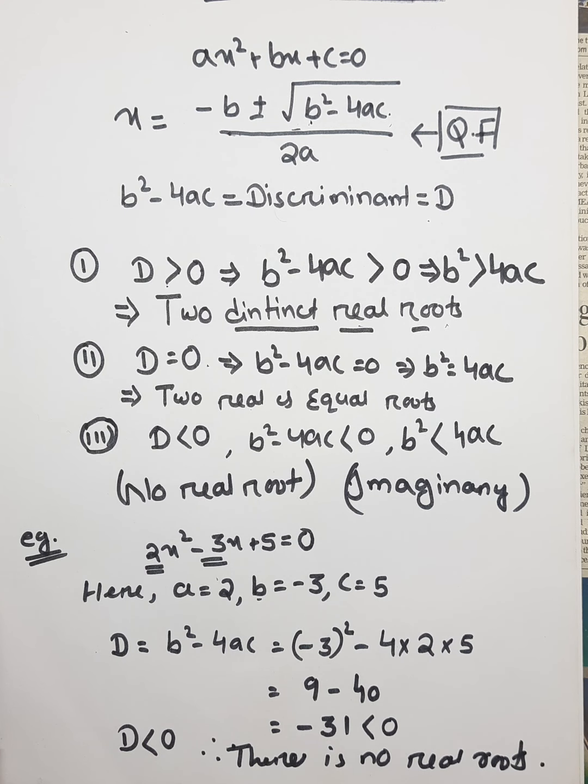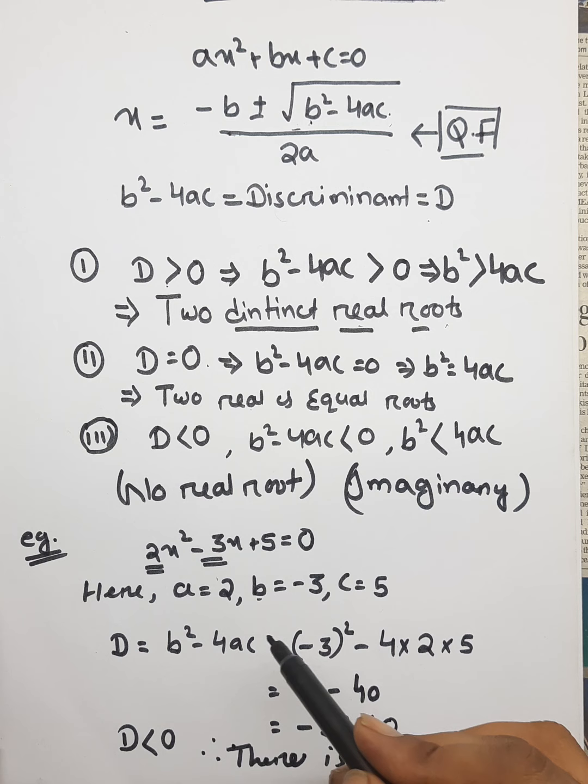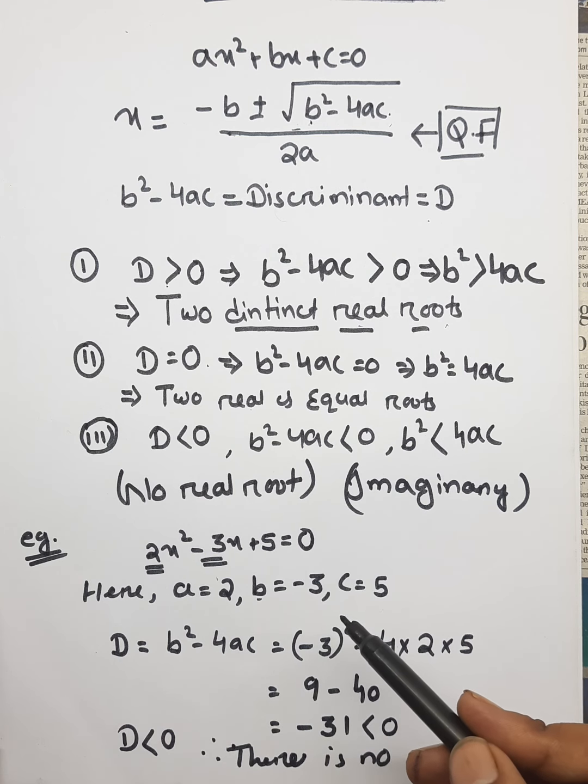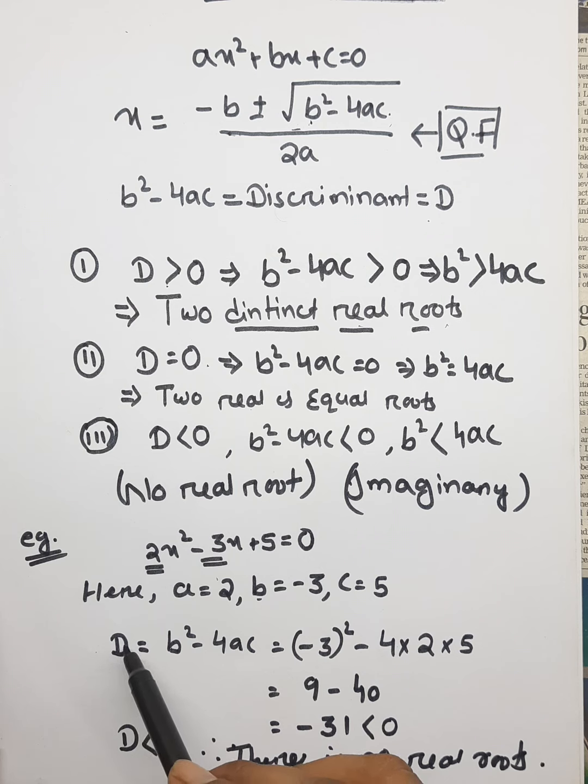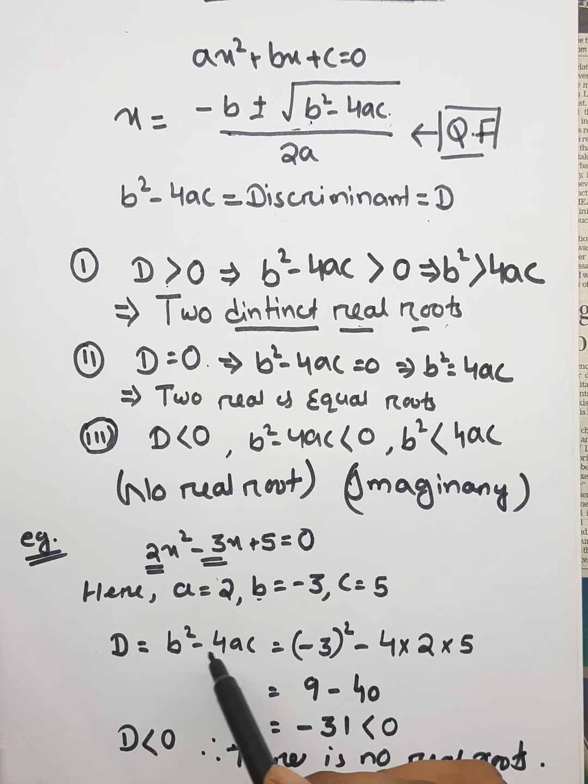Similarly, you can solve all the questions. First you have to find D by putting in the formula, and then observe the value you get. If it is negative, then D is less than 0.